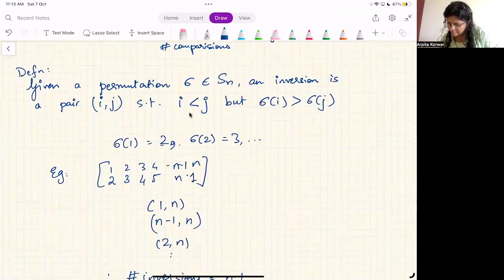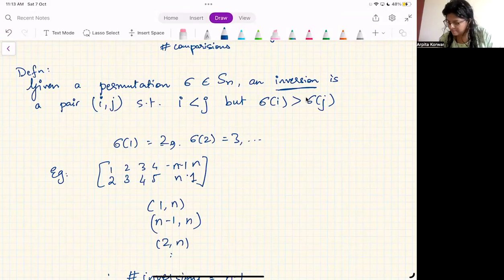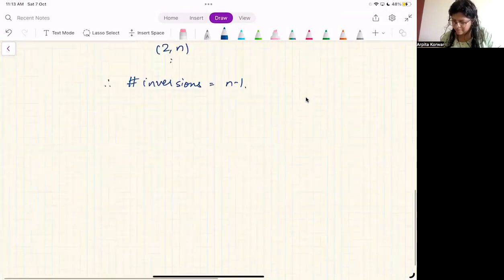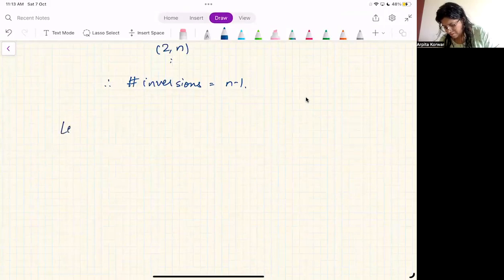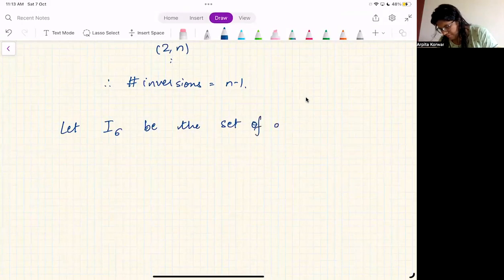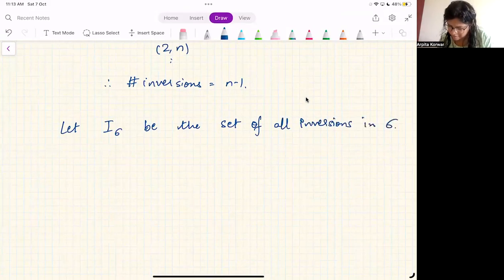So an inversion, let's underline this, is a pair ij such that i less than j, but sigma i greater than sigma j. I'm using this symbol I sigma for the set of inversions in the permutation sigma.